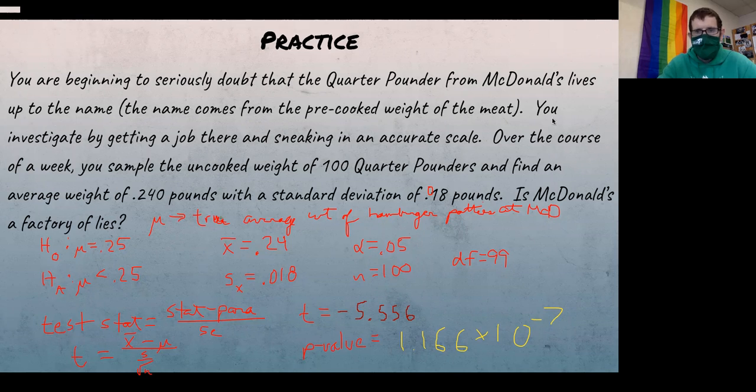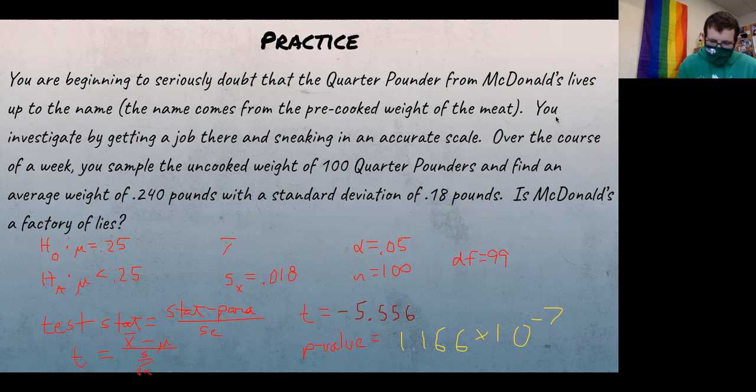very, very small. Now let's draw a picture to make sure we understand what this means. This is where I will erase all this stuff and give us some room up top. So I'm going to have a long tail over here. We have our distribution.